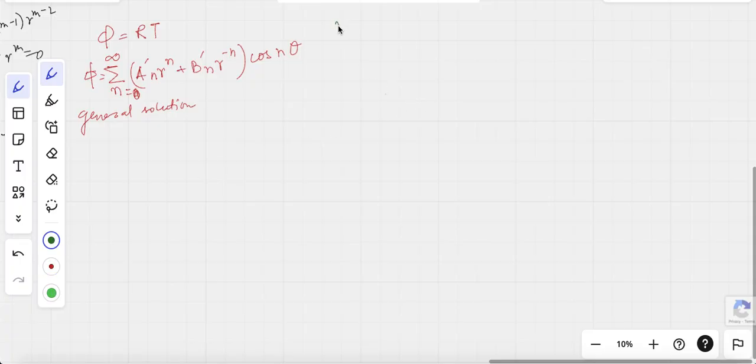Now for n equals 1, we have phi is a0 plus b0 for this case. This is the case of cylinder, we can use n equals 1, a particular solution, plus a1 into r plus b1 by r cos theta.